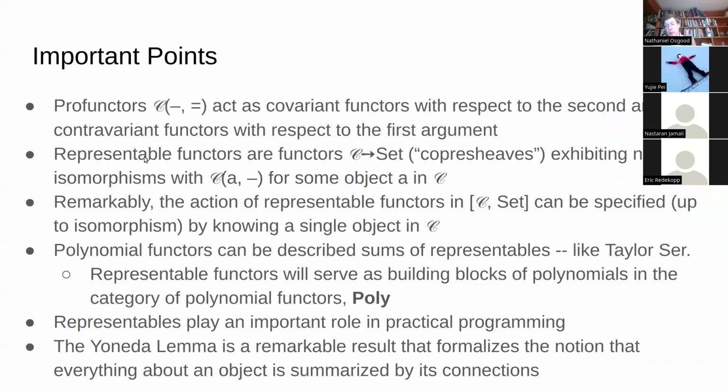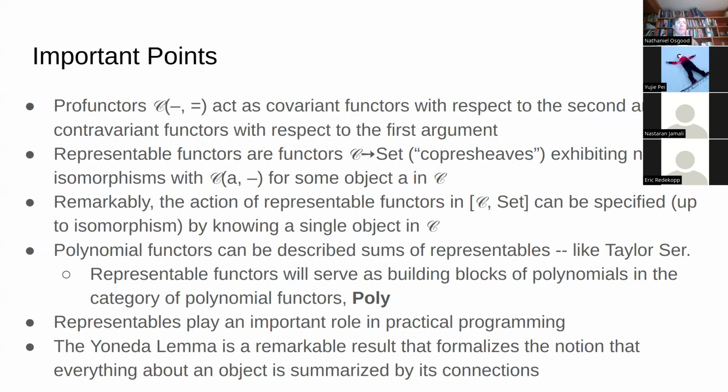That was the use with our work. So profunctors act as covariant functors with respect to this argument, contravariant with respect to the first because it consumes the thing: the person needs to be at A to then get to B.